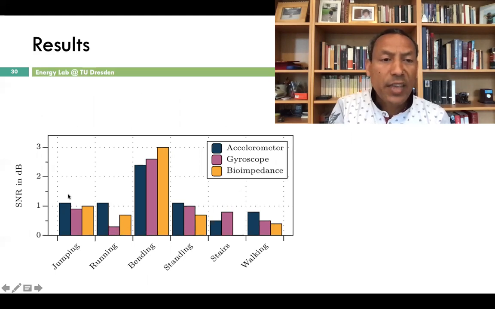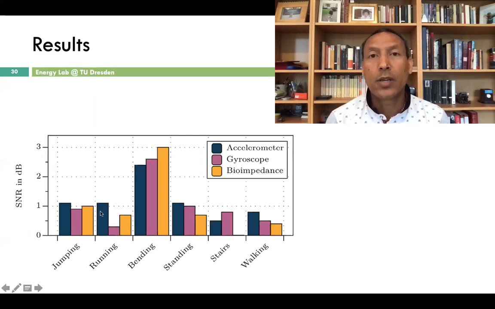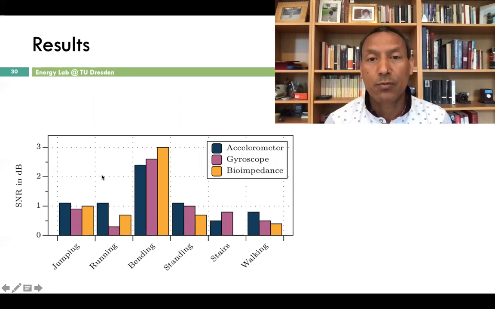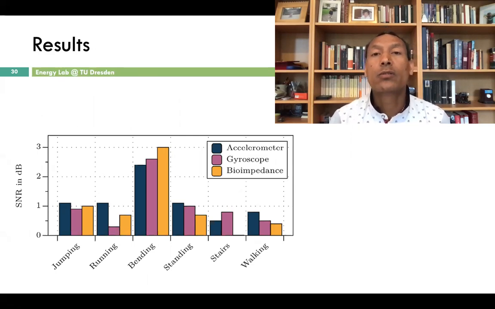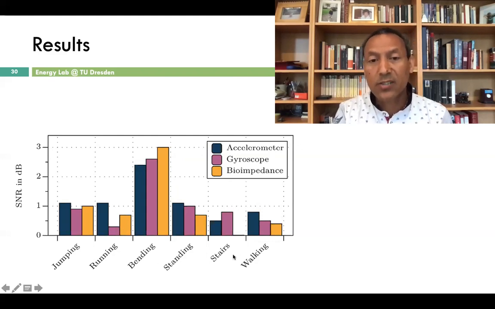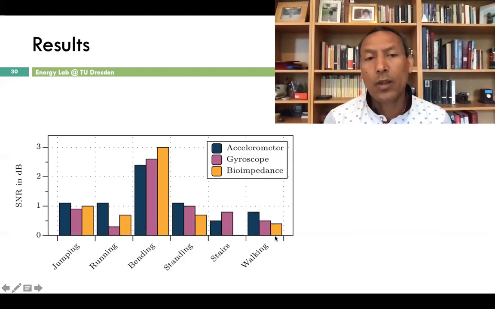And then you can see their capacity to reproduce the useful ECG signal measured by the signal to noise ratio. And we observe that it all depends on the type of movement. We consider different types of movement here. We consider jumping, running, bending, standing, stairs, climbing up and down stairs, and walking.